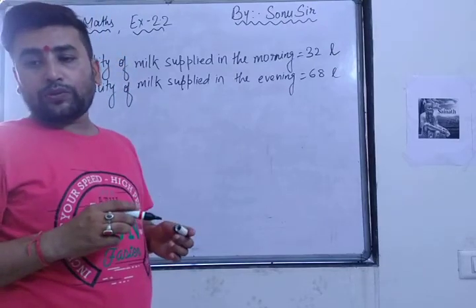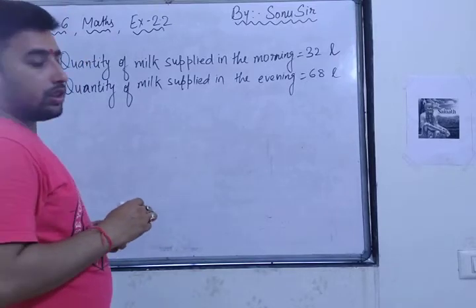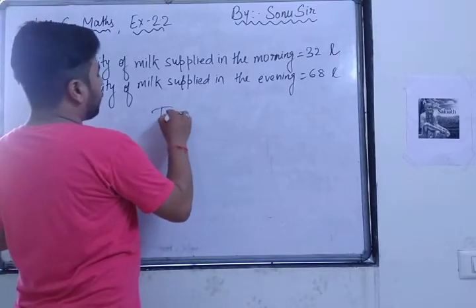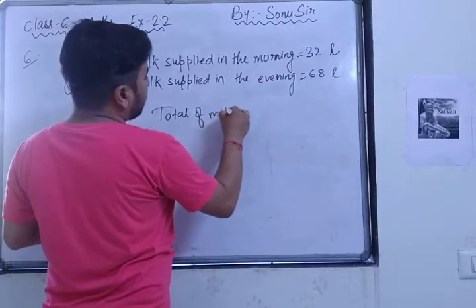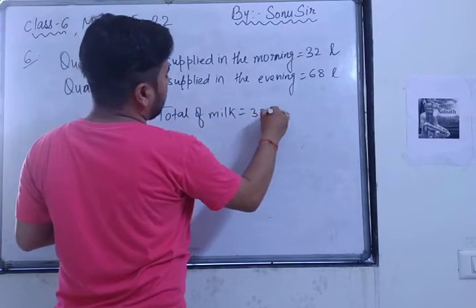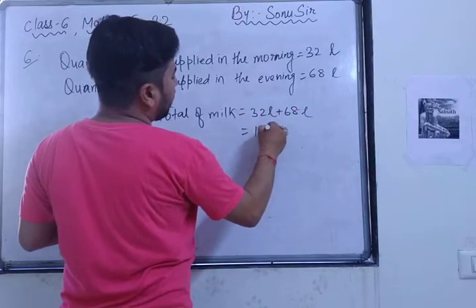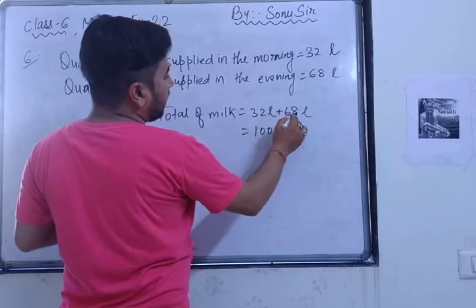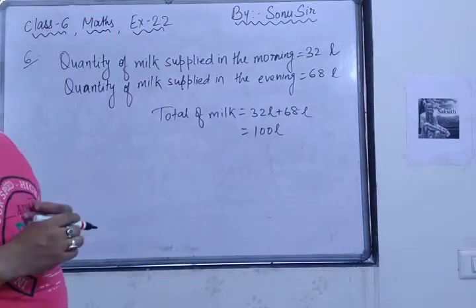Now you have to find the total milk. Total milk is equal to 32 liter plus 68 liter is equal to 100. 60 plus 30, 90, 8 plus 2, 10, 90 plus 10, 100. So total milk is 100 liter.